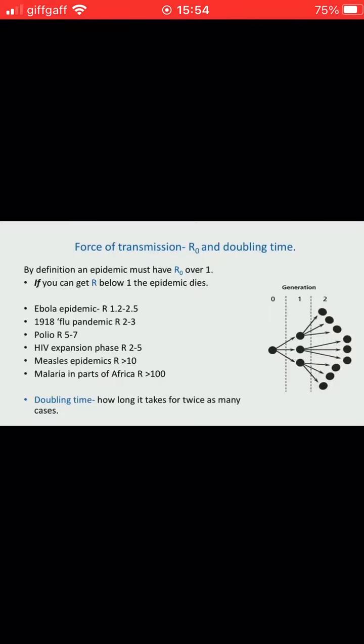The key to control an epidemic is to try and work out what its R is and get it below 1. Once it's below 1, the epidemic is going to die.